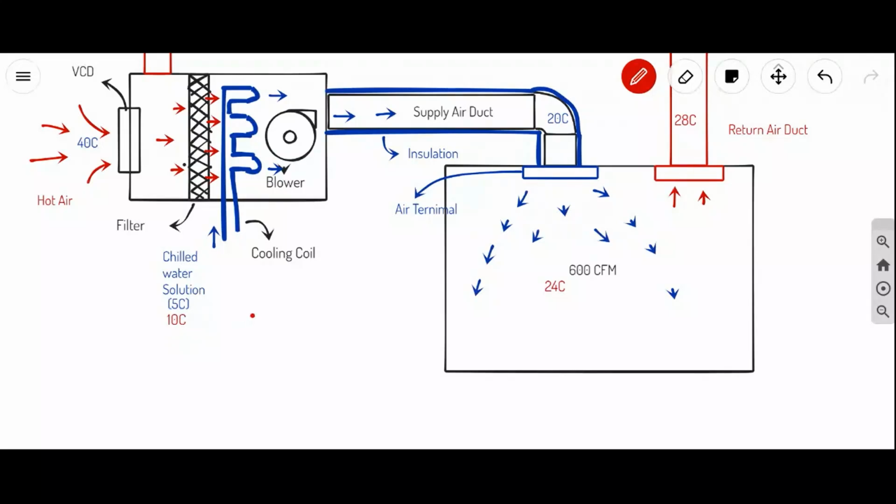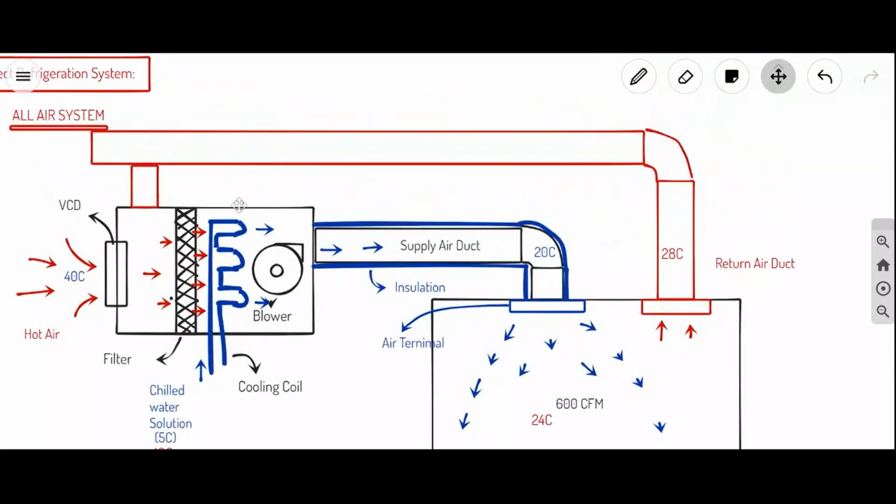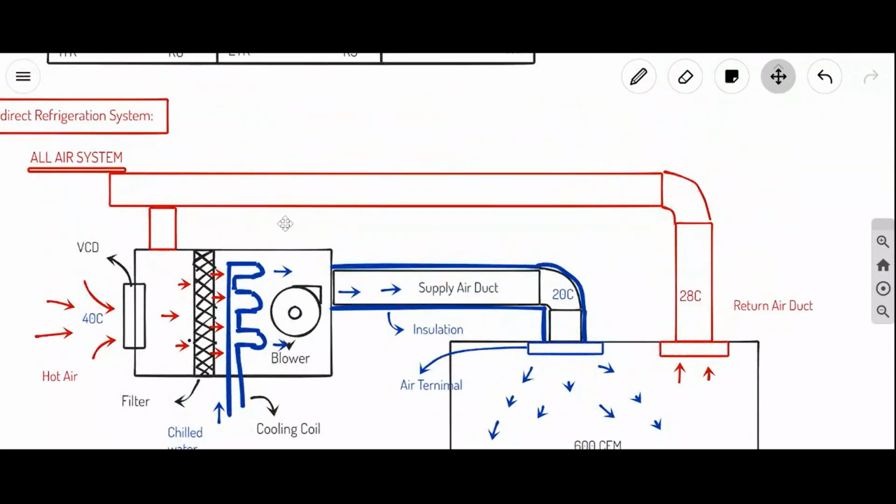If I increase the supply temperature by 1 degree, there is a decrease in the running cost of the project. When we are increasing 1 degree centigrade of chilled water, there will be a decrease in the running cost of the project. Now, we need to protect this air temperature also.